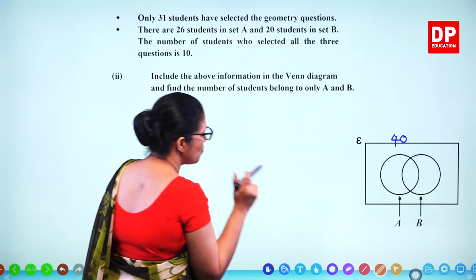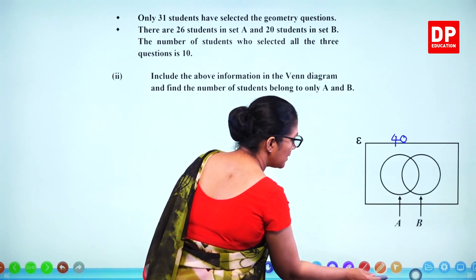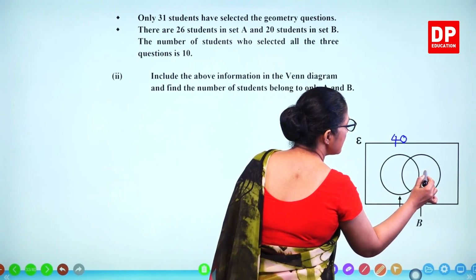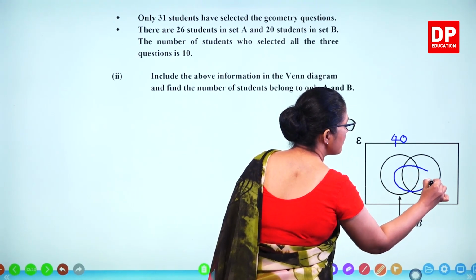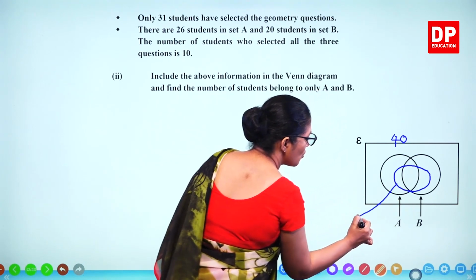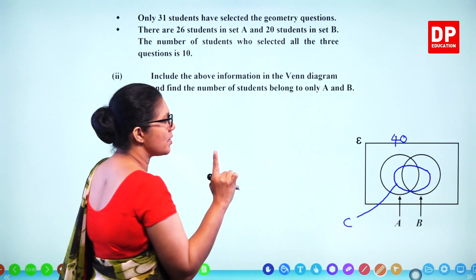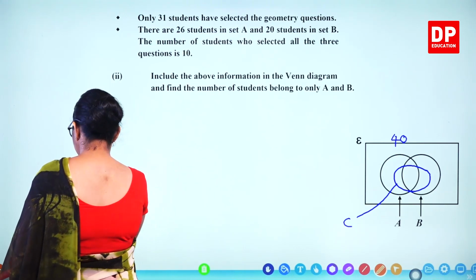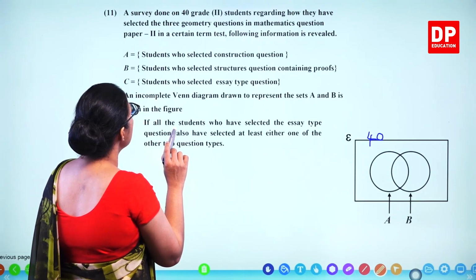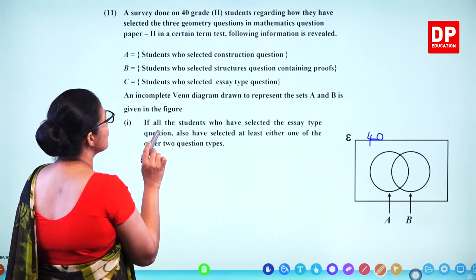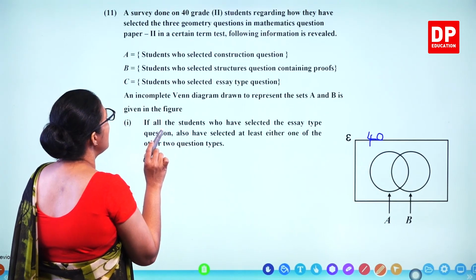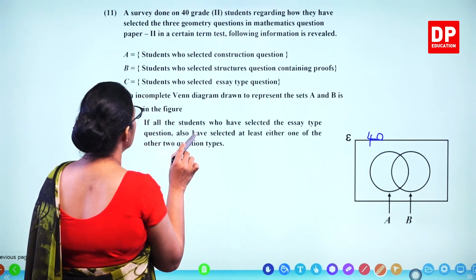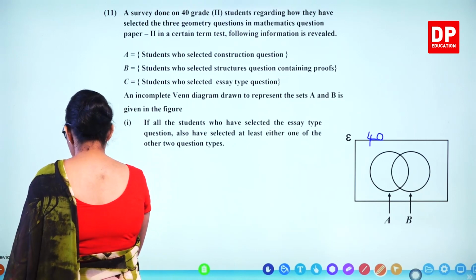So that means we can draw the C circle here inside, but not fully. So I'll draw C somewhere here. We have to identify A. A is the construction question and B is the structure and C is essay.